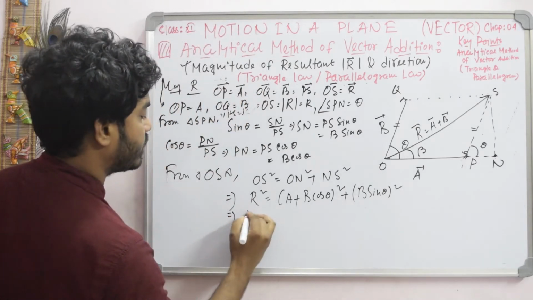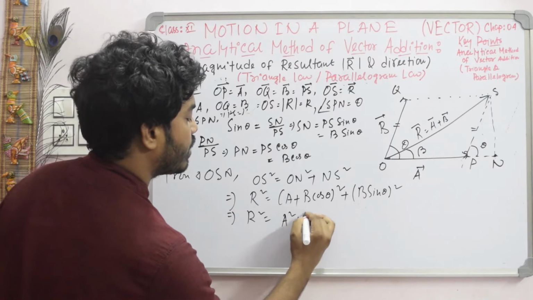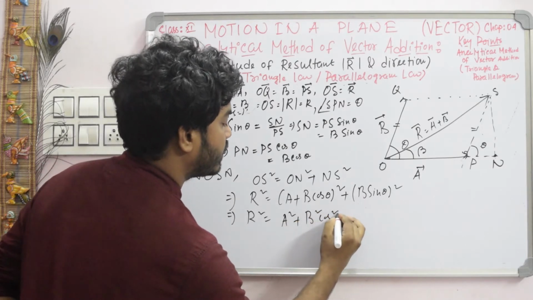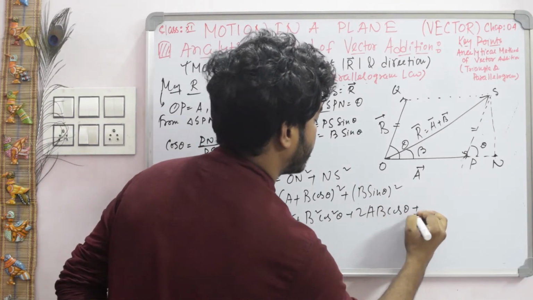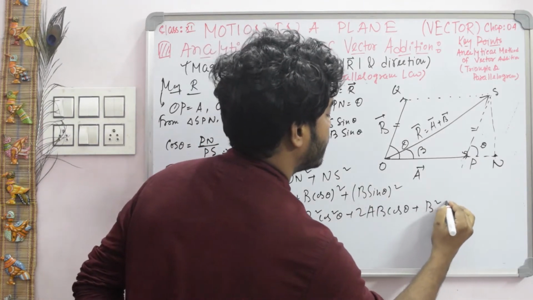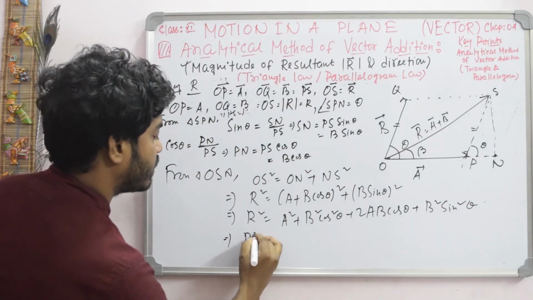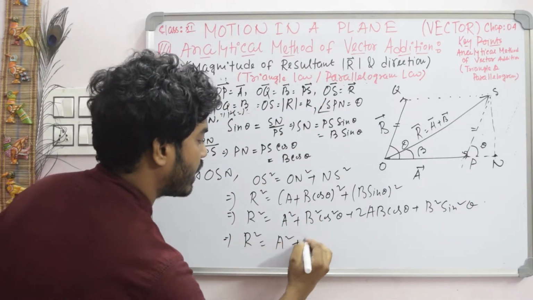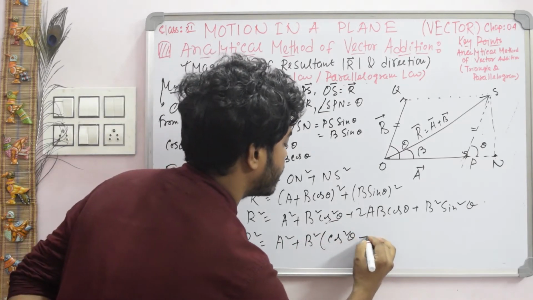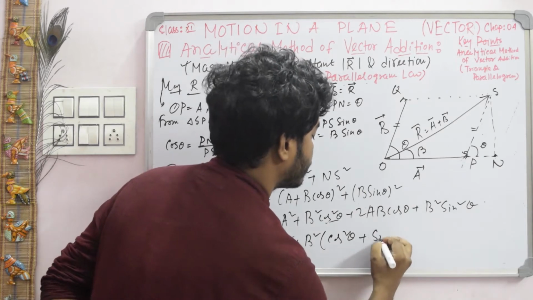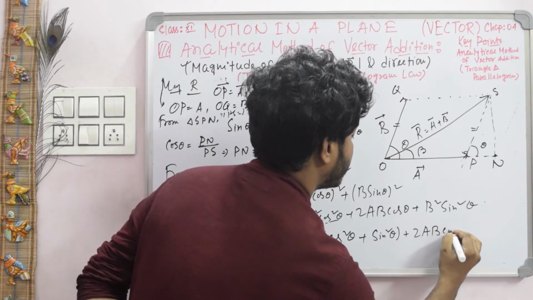Now expand it. R squared is equal to A plus B cos theta the whole squared, that is A squared plus B squared cos squared theta plus 2AB cos theta, plus B squared sin squared theta. Now simplify: R squared is equal to A squared plus B squared, taking B squared common, cos squared theta plus sin squared theta, plus 2AB cos theta.